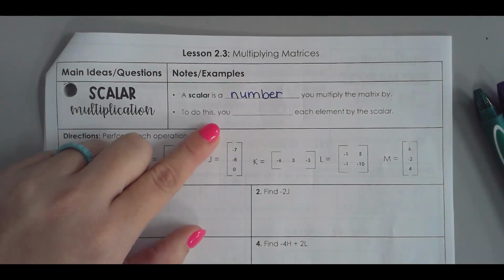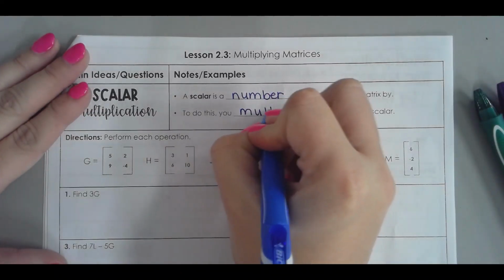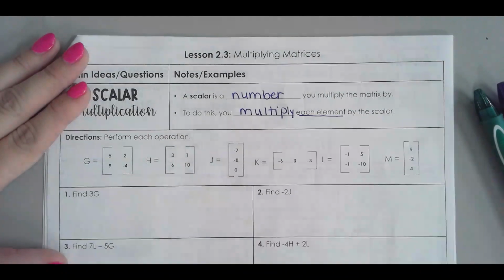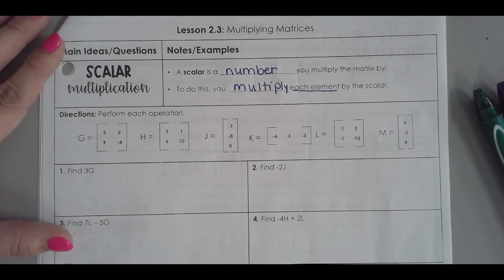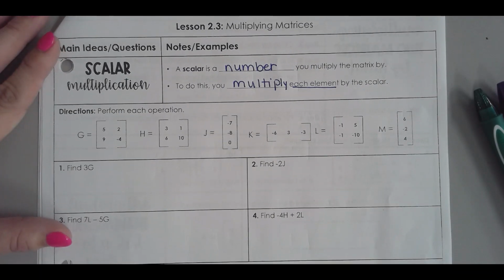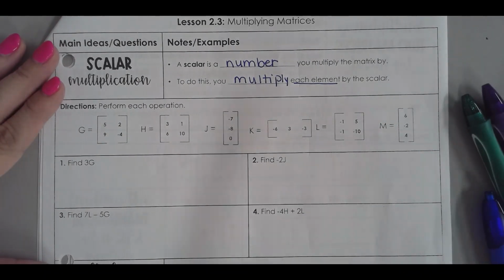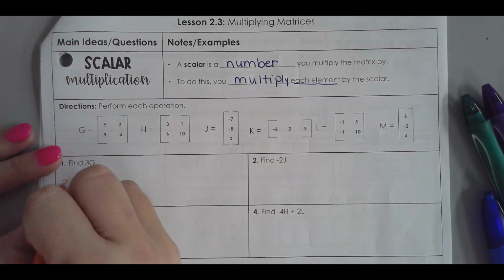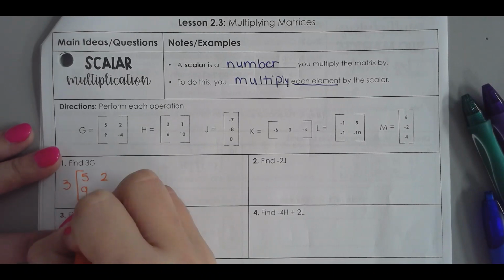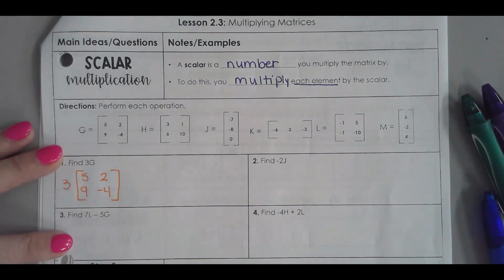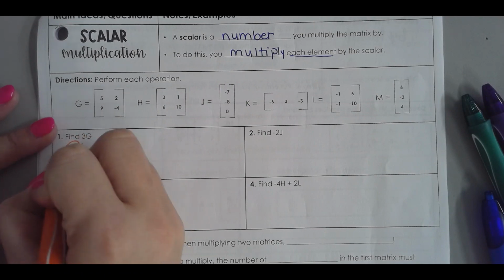And when you see a number out in front of a matrix, you just multiply each element by the scalar. So if I ask you to find 3G, you're doing 3 times matrix G, and essentially what you're doing is distributing that 3.